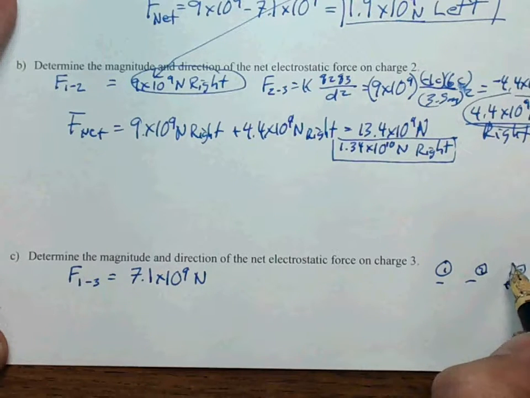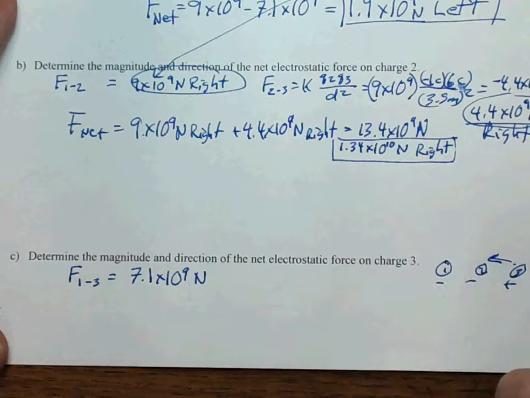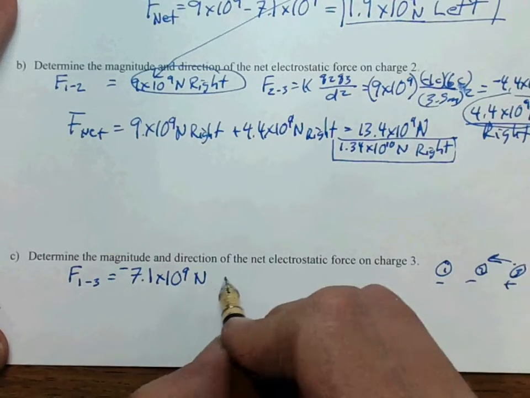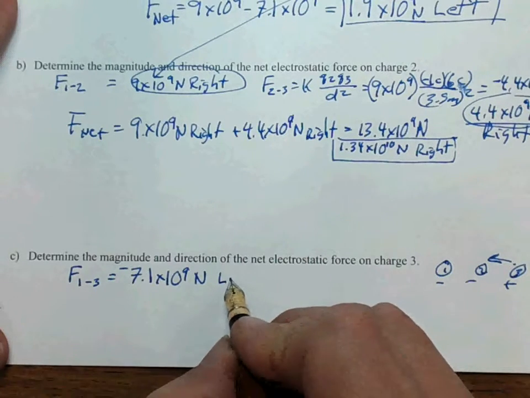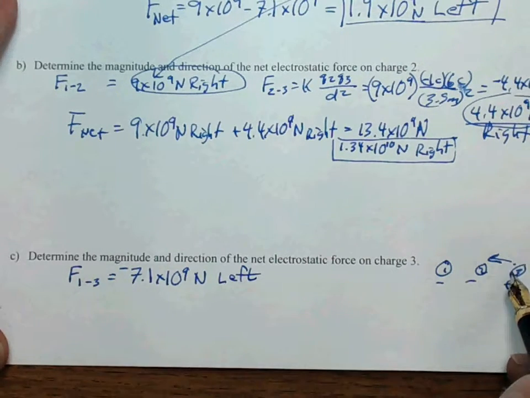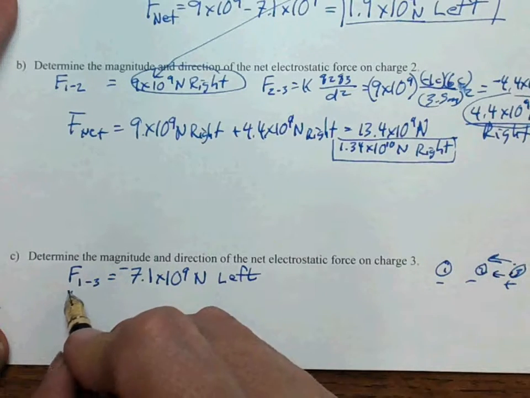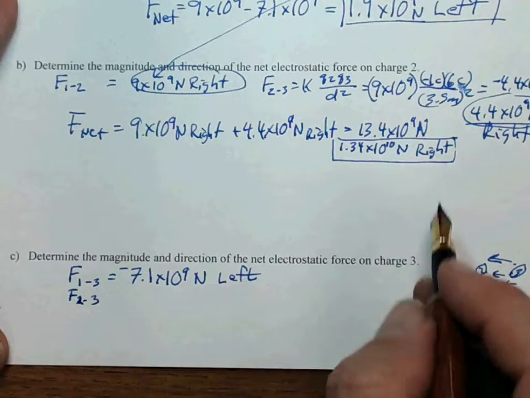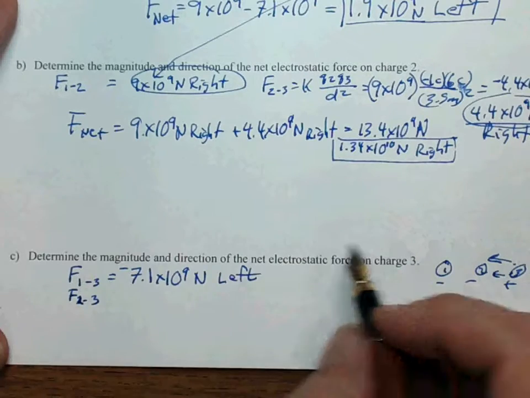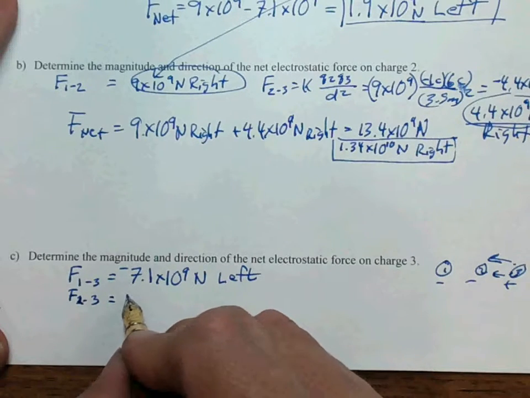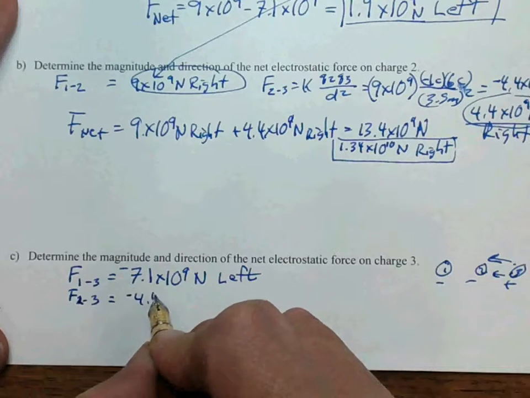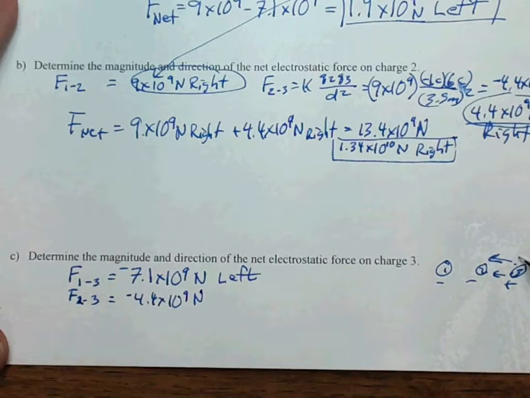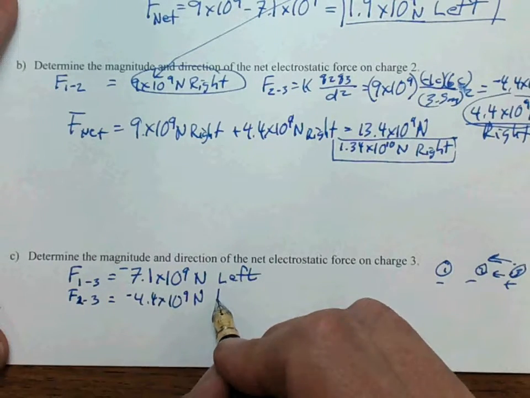So the force on 3 from 1 was attractive, and it went that way. So we could put a negative number in there, but really what we're interested in is the fact that it is to the left. There was also an attractive force on 2. That's the force between 2 and 3, which we just calculated in the previous question. And we came up with that attractive force being negative 4.4 times 10 to the 9 newtons. And in that case, it was also on 3 towards 2, so it was to the left.